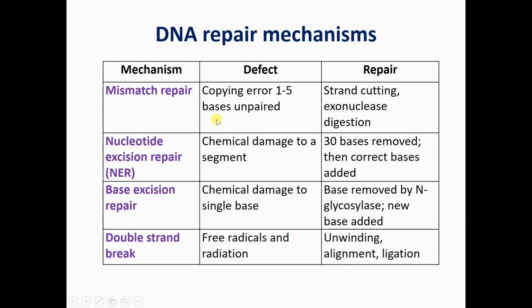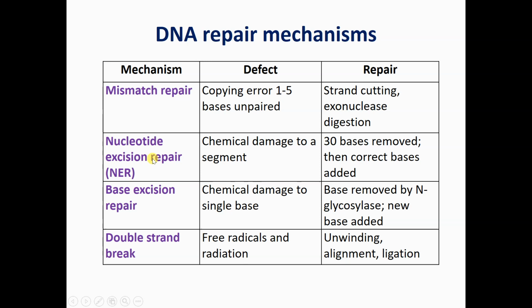They recognize the defect in the DNA strand, then it is cut out by the MutH protein, and this digestion occurs. After that the gap is filled by the DNA polymerase enzyme and the nick is sealed by the DNA ligase enzyme.